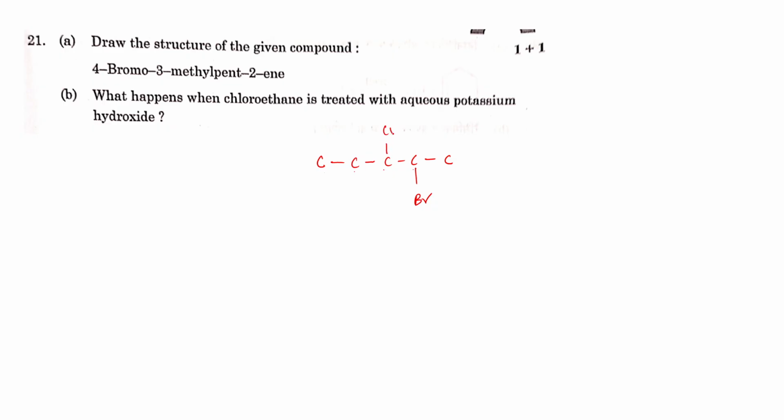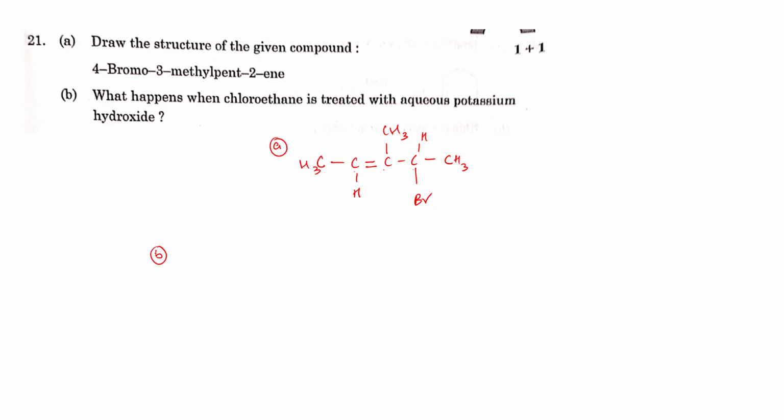So I will write methyl, and it is written 2-ene, so 1, 2, this is ene. Now fill all the valencies with hydrogen. So this will be CH3 and this will be CH. 2 plus 2, 4. This we have H and this is again CH3. This is the structure of the given compound, part A.